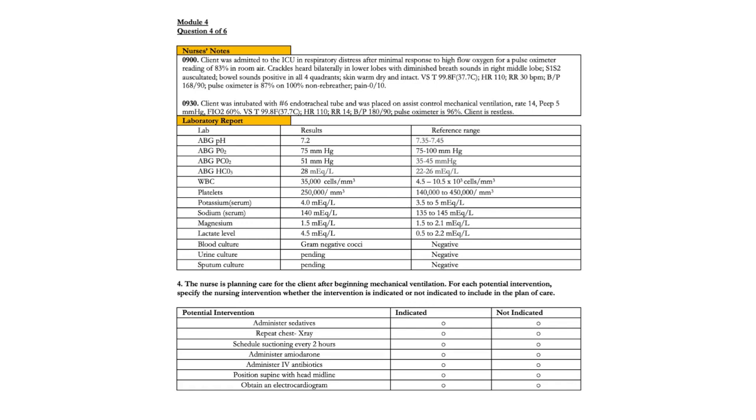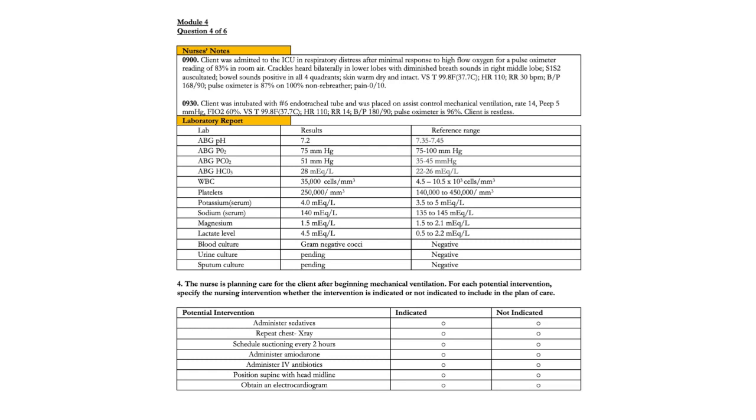Module 4. Question 4 of 6. Previously the nurse's notes read: 0900. Client was admitted to the intensive care unit in respiratory distress after minimal response to high-flow oxygen for a pulse oximeter reading of 83% in room air.